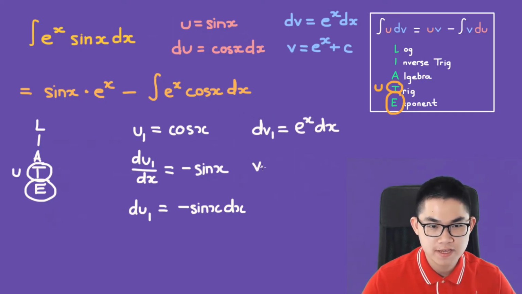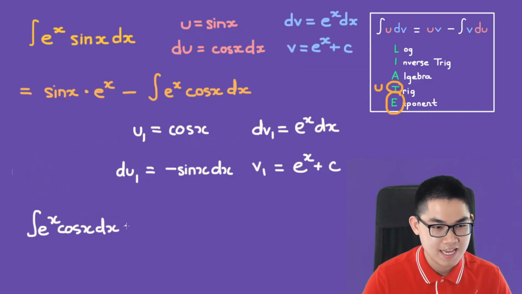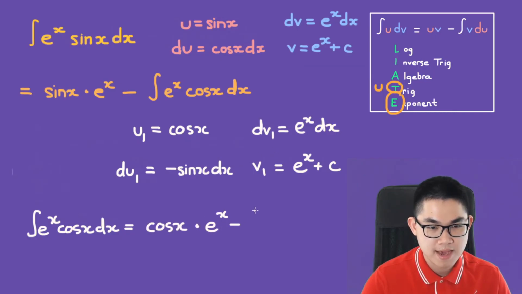And to find v, we need to integrate. So the integral of e to the power of x dx is the same as e to the power of x plus c. So we have this integral, which is the integral of e to the power of x cosine of x dx. And that's equal to u times v, right? So u1 is cosine of x times v, which is e to the power of x, minus the integral of v, which is e to the power of x, and du.